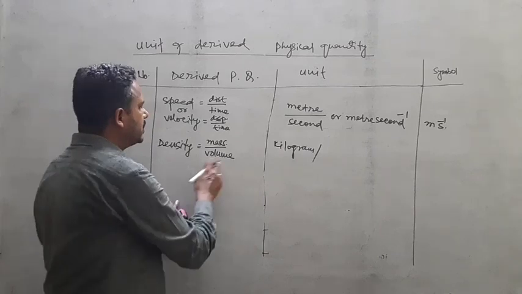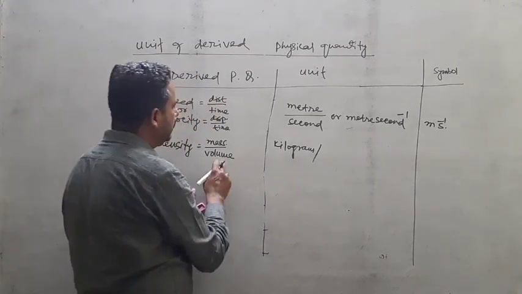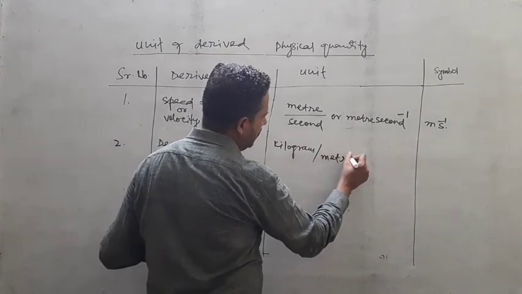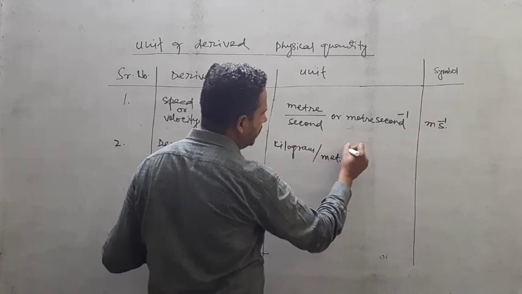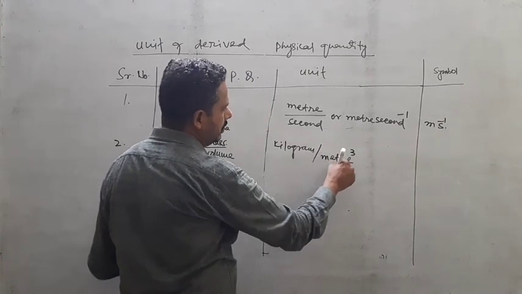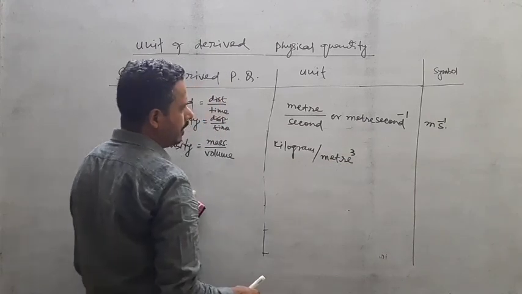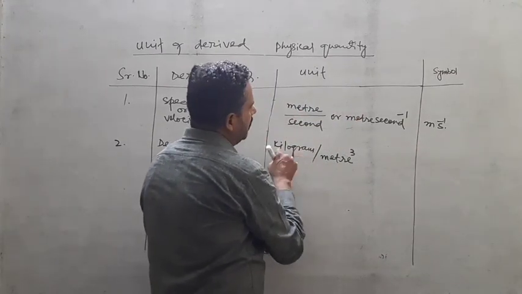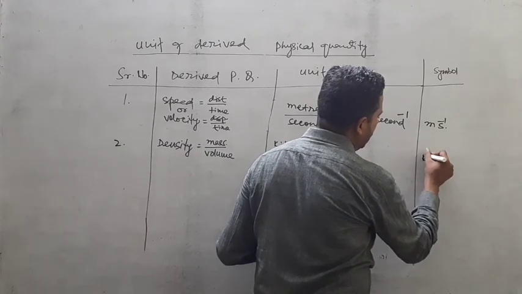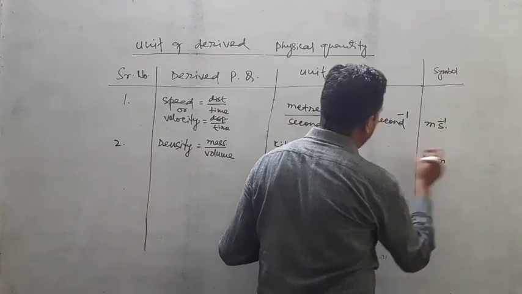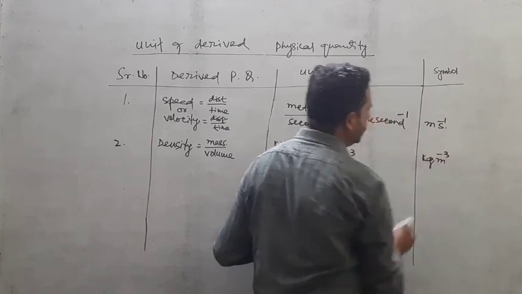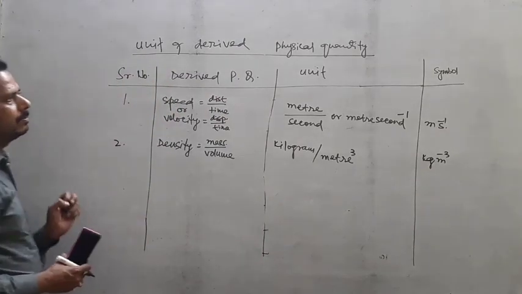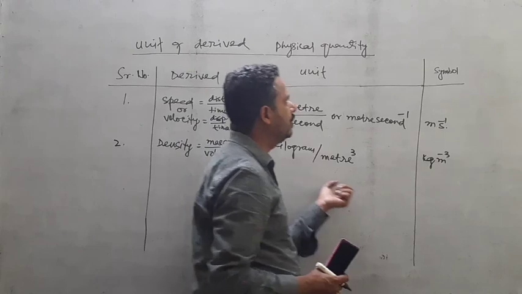So there are three lengths. Length has unit meter, and the product of three lengths is meter cube, so you write meter power 3. Now in symbol, how can you write it? The symbol of kilogram is kg, and meter m, power 3 is in the denominator, so minus 3. So kg per cubic meter. This is the unit, by symbol, of density.